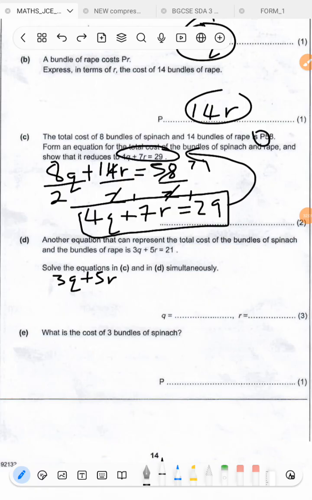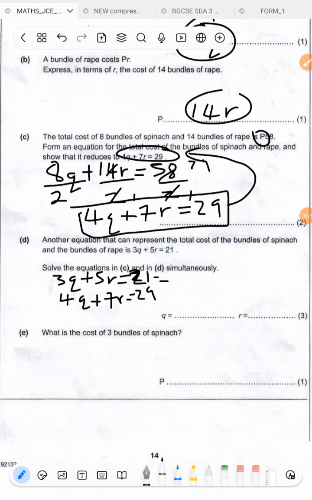We have two variables there, Q and R, so you eliminate one of them and then you can easily solve for the other, because you can't solve them at the same time. You solve one at a time. This one is 4Q plus 7R equals 29.